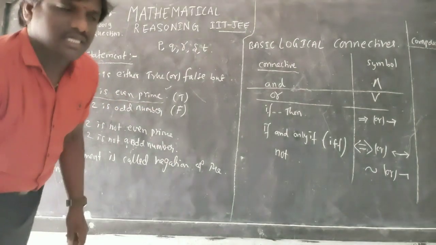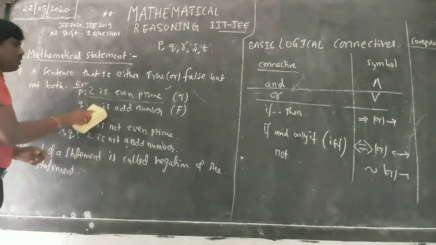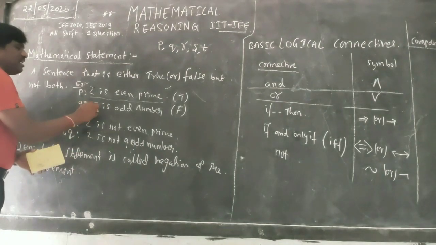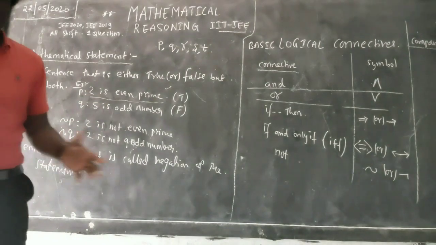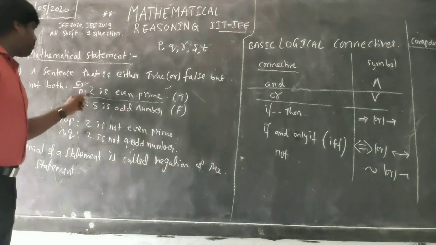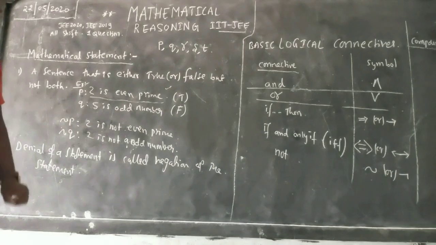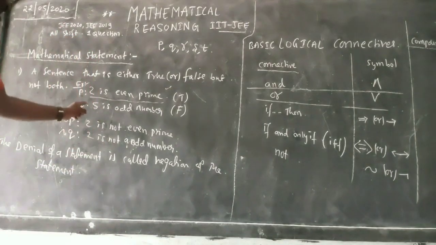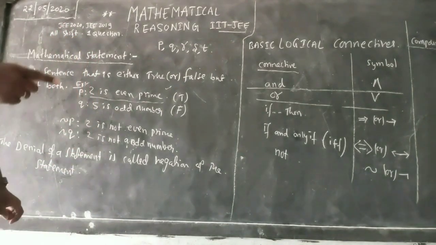For the time being, let me use another example: P is the statement that 2 is an even prime, and Q says that 5 is an odd number.